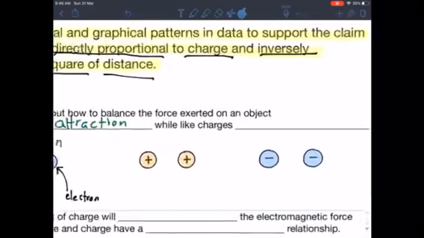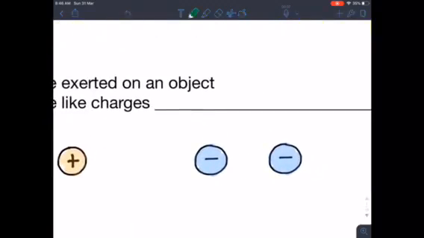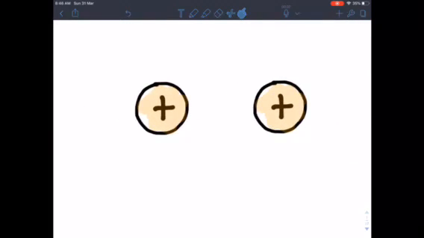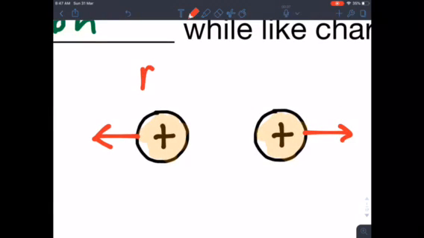All right. On the other hand, like charges repel, and I'm going to use the color red to show repulsion. So these two protons, they're both positively charged. They're going to experience forces away from each other. They're going to experience a repulsion.